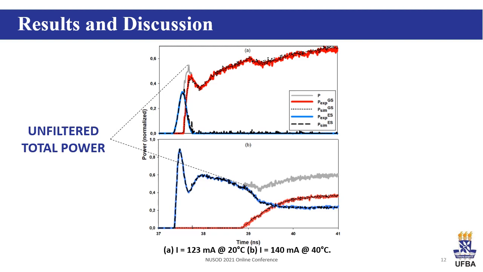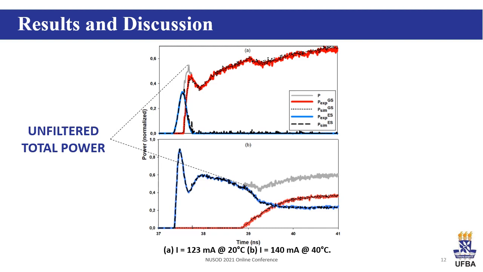These results were obtained by the best performing model, which means the ELM model, as we showed in the table before. The figure shows the unfiltered KDL total power, which was mentioned in the experiment and is one of the model inputs, in gray; the ground state power, where the experimental one is in red and the simulated one is in black dots; and the excited state power, where the experimental one is in blue and the simulated one is in dotted lines.